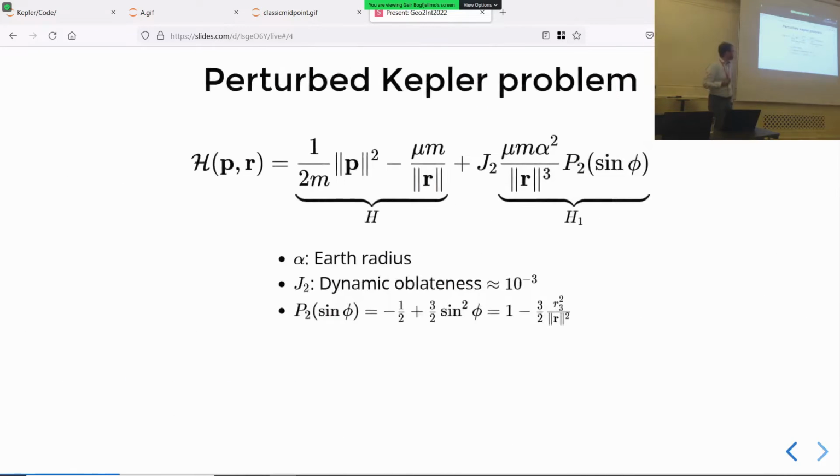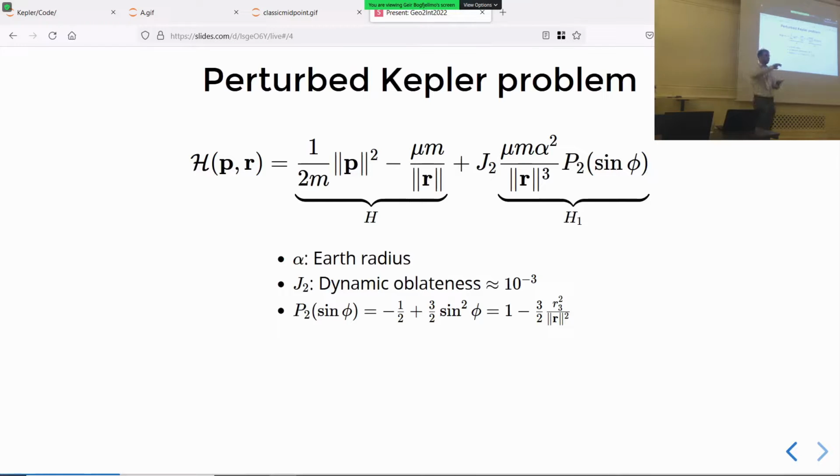The reason we could be interested in applying numerical methods to it is that the Kepler problem is not exactly the real world. For instance, for a planet such as the Earth, there are going to be some corrections to the Kepler Hamiltonian. This is the dominant one for low Earth satellites.